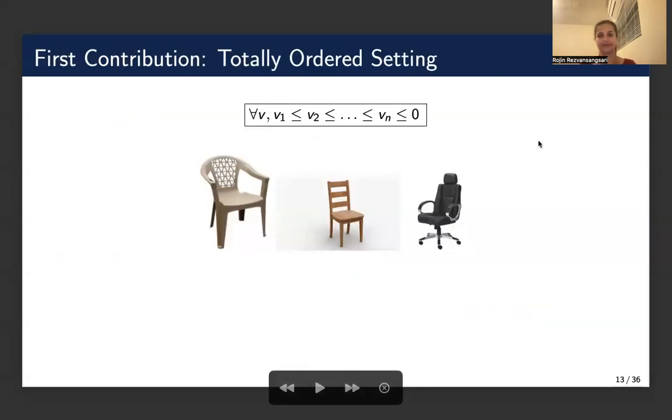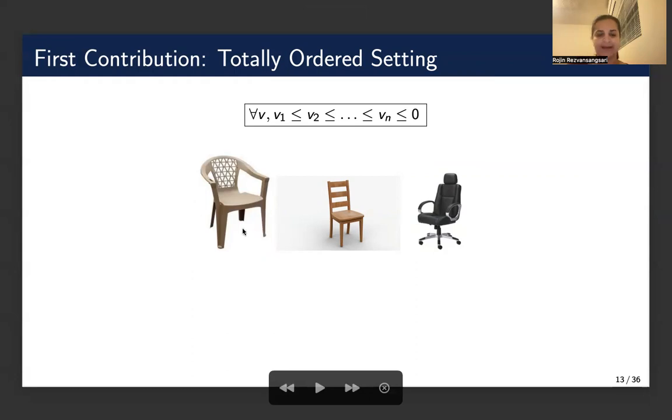And this brings us to the first contribution of the paper, which is the totally ordered setting. In the totally ordered setting, there exists a total ordering over items, and all of the buyers obey this. Which means that their value for the first item is less than or equal to the second item, and so on. We can also look at this setting as a setting of upgrades.